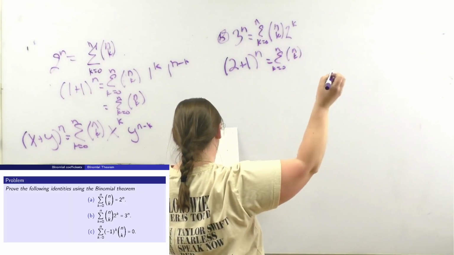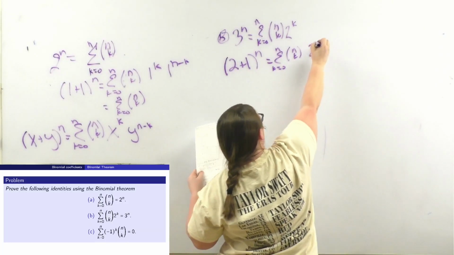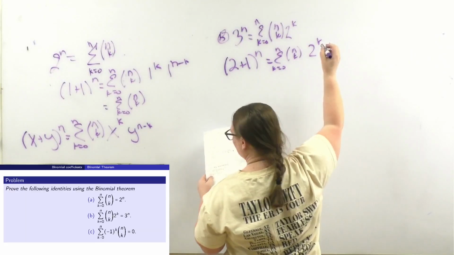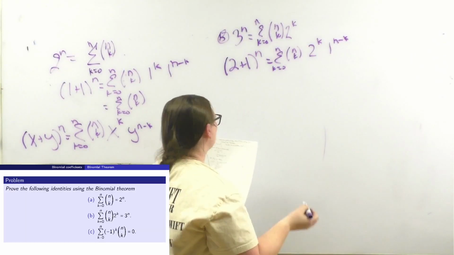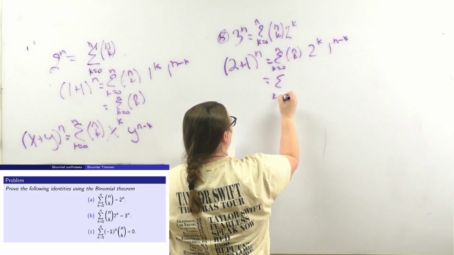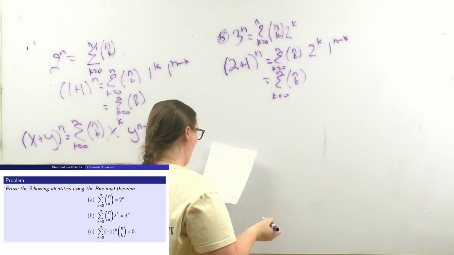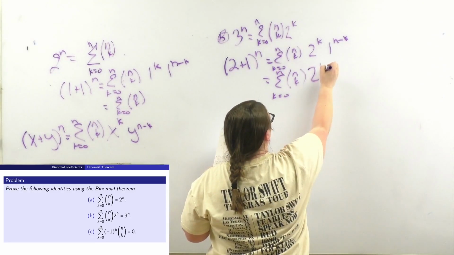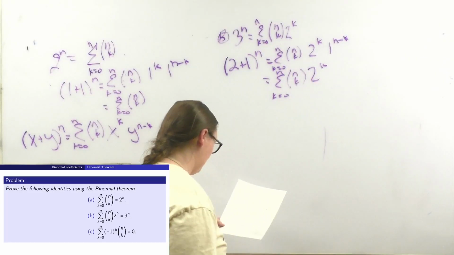What's my x? What do I raise it to the power of? What's my y? What do I raise it to the power of? Awesome. Okay, so I get the sum of k equals 0 to n of n choose k, 2^k. What's 1 times that? Awesome, so I'm just gonna leave it there, and I think we're okay.